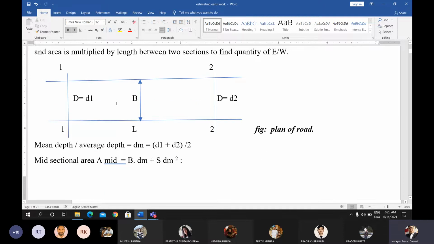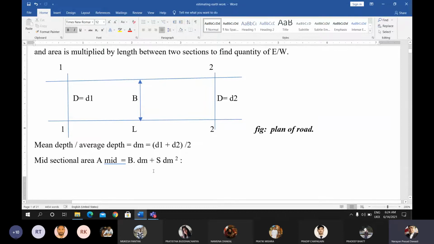Now, with the help of this average value DM, find the mid-sectional area using the same formula, BD plus SD square. That sectional area is the mean sectional area if you use the mean depth. So the mid-sectional area is area mid equal to BDM plus SDM square.